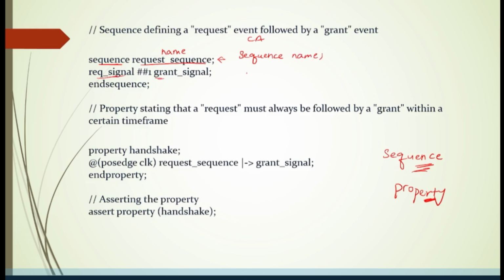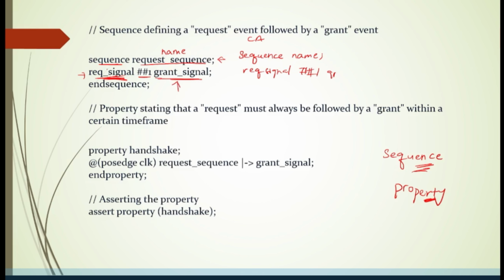So what is the condition here? Request signal ##1 grant signal. What does that mean? In this sequence, we are first defining that the request signal should come first. This is the first event. Then after one time unit of delay, that means after one clock cycle, the grant signal should follow.